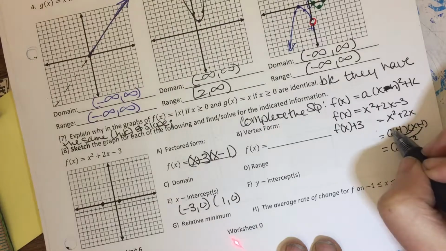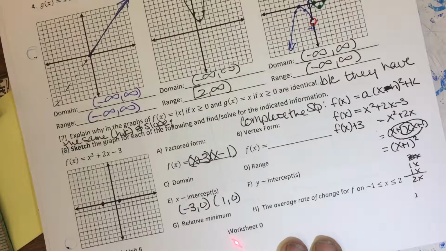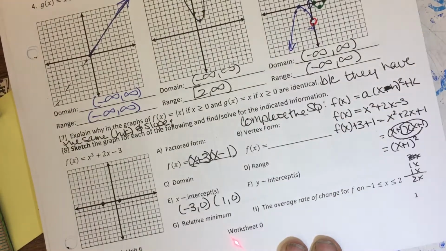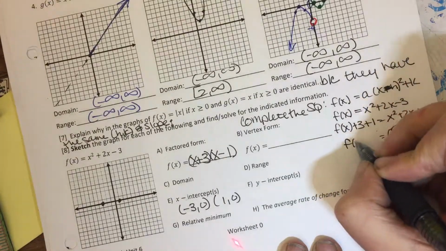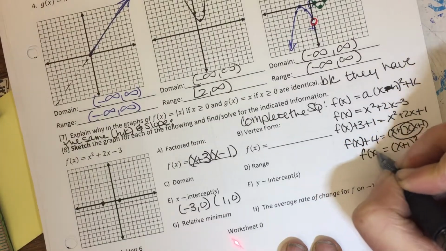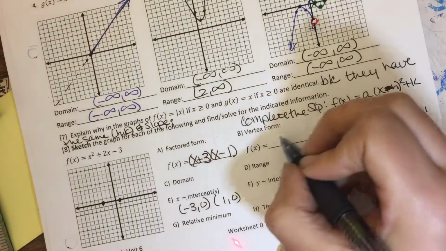But when I FOIL it, yes, I do get my x squared, but I also get an extra 1 times 1, which is 1. So I have to add that 1 to both sides. 3 plus 1 is 4. And then I would subtract that on both sides. And that gives me my vertex form.